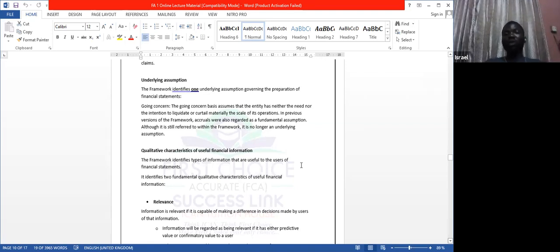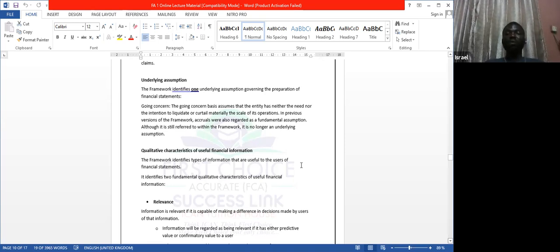A going concern organization is one that will continue to operate within the foreseeable future without liquidity or liquidation issues. It means that they don't have an issue meeting their obligations as and when due. They have the money and funds to address their obligations as and when due.